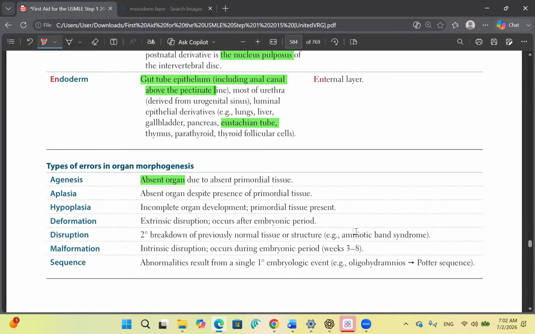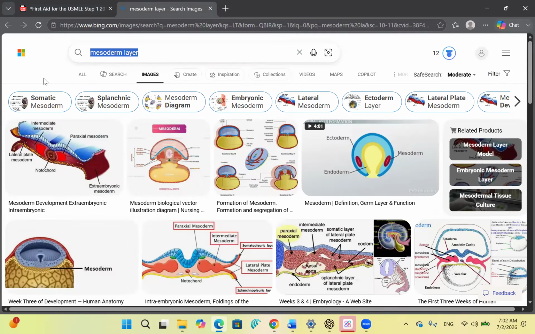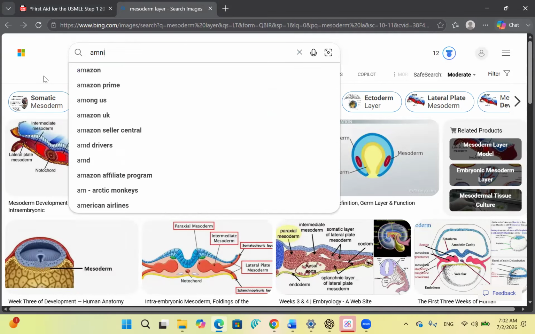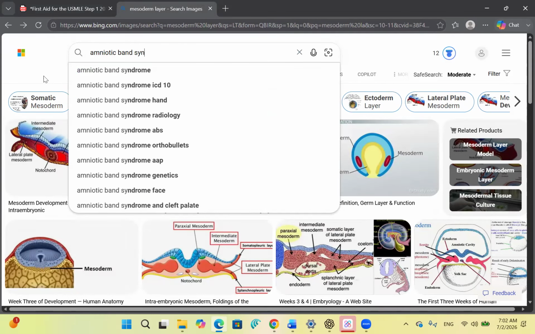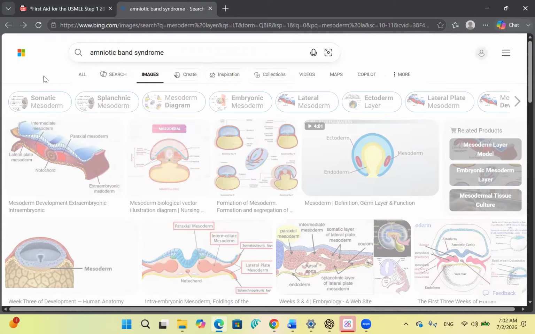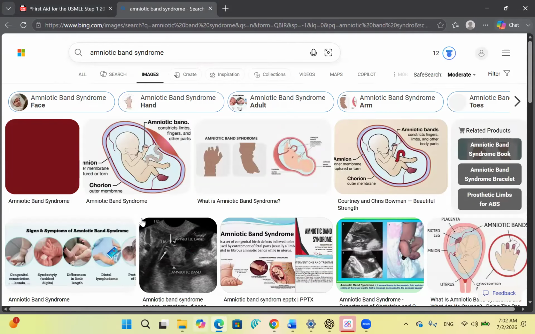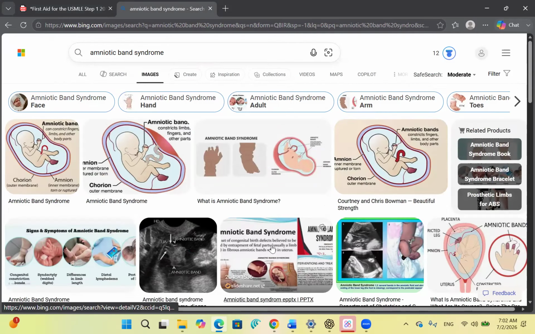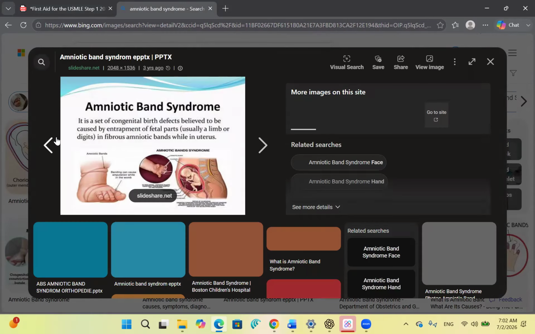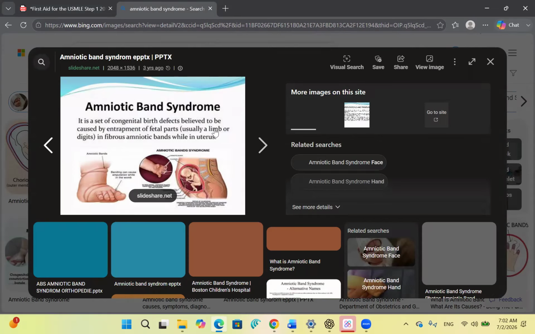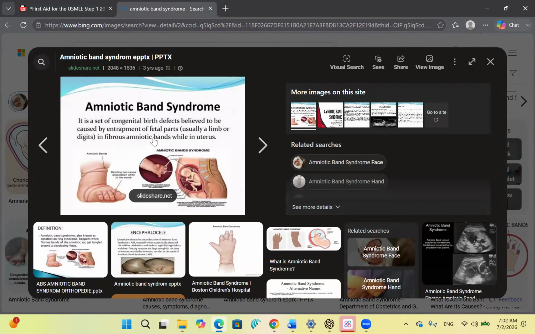Oh, amniotic band syndrome. Let's see what that is. It is a set of congenital birth defects believed to be caused by entrapment of fetal parts in the fibrous amniotic bands while in utero.